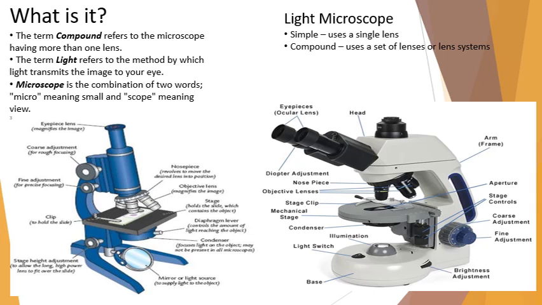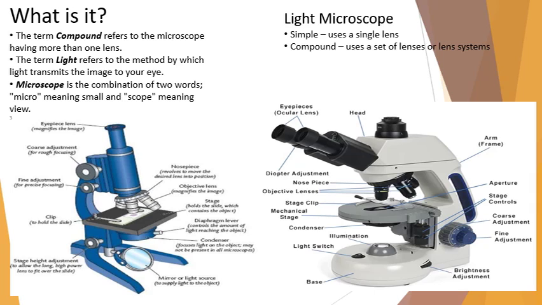The term light refers to the method by which light transmits the image into your eye. And what is a microscope? The microscope is a combination of two words: micro, meaning small, and scope, meaning view.